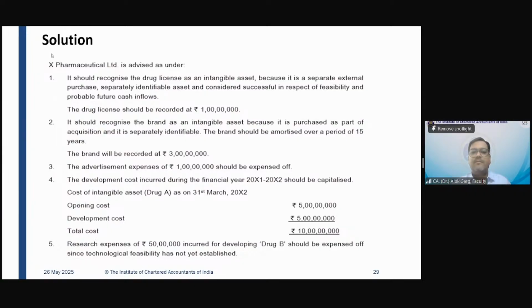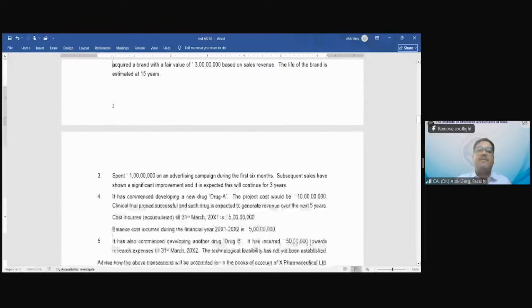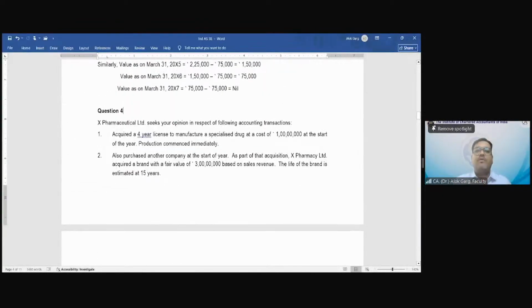Yes, sir. So this is the question which we have completed. Right? Question number 4 is on multiple modes of acquisition of intangible assets. Since morning, what have we completed?